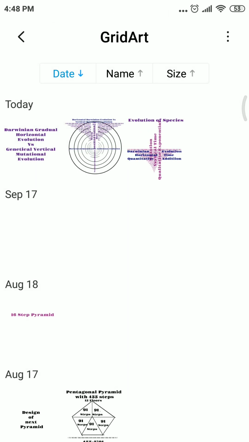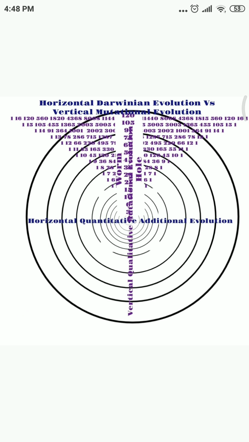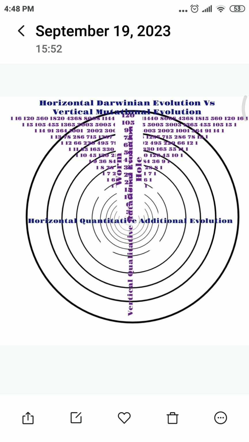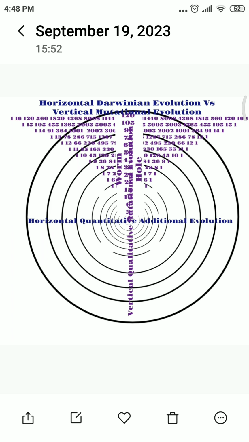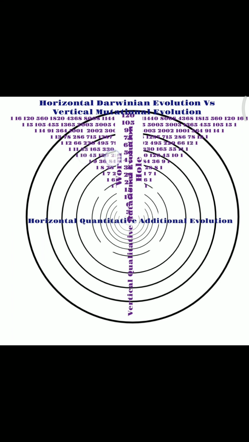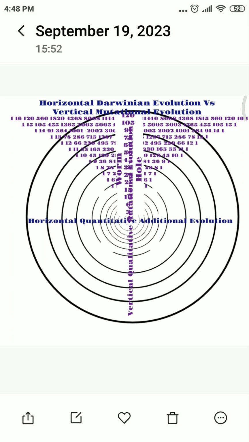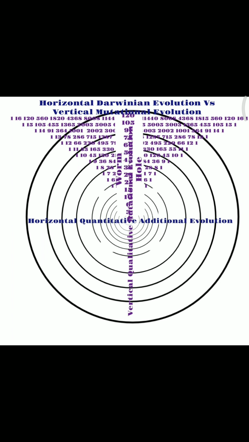So the evolution, as I just now explained, as long as you are in the same circle or the same row, you go on evolving from left to right to the maximum point. That is the Darwinian gradual evolution. There will not be much difference.